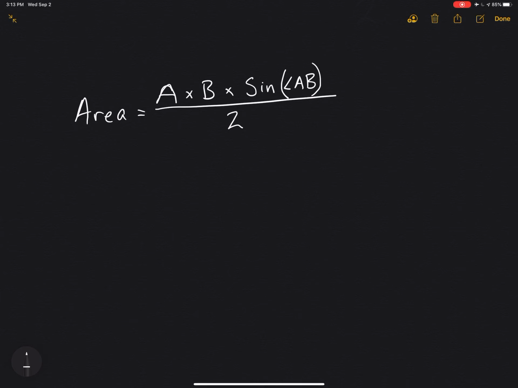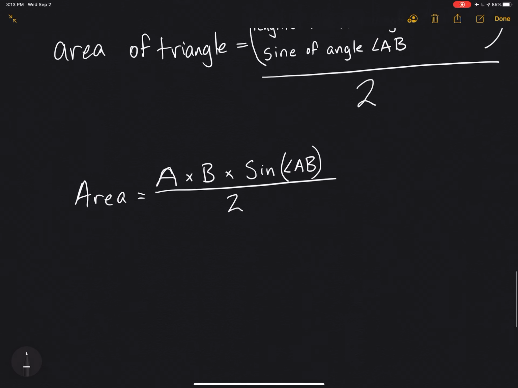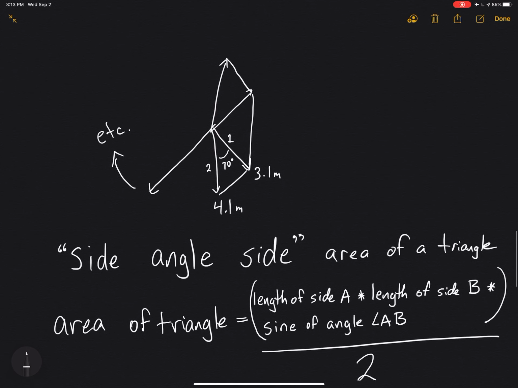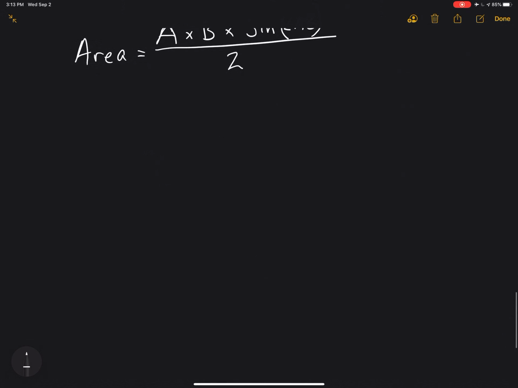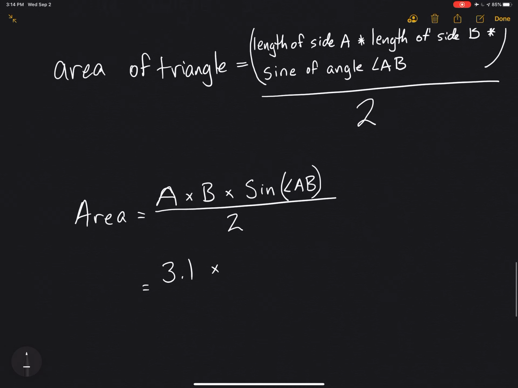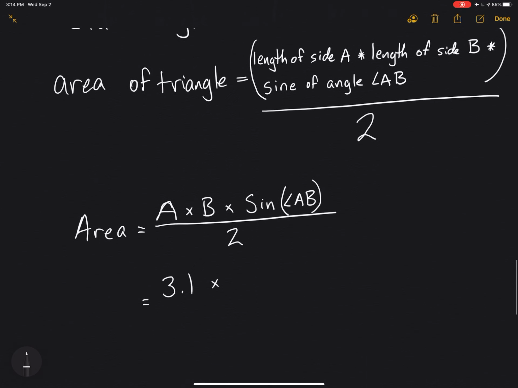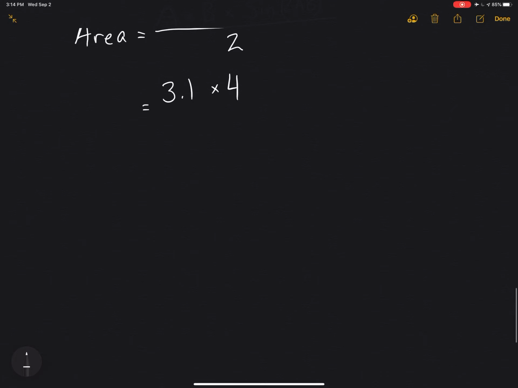So, in our example, that'll be 3.1 meters times 4.1 meters times sine of 70 degrees all over 2.